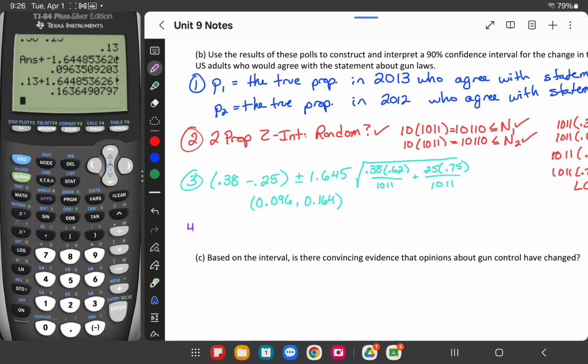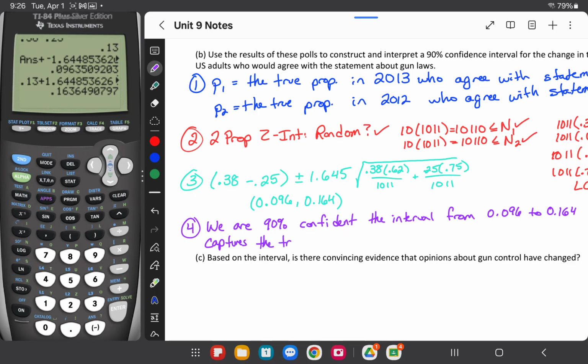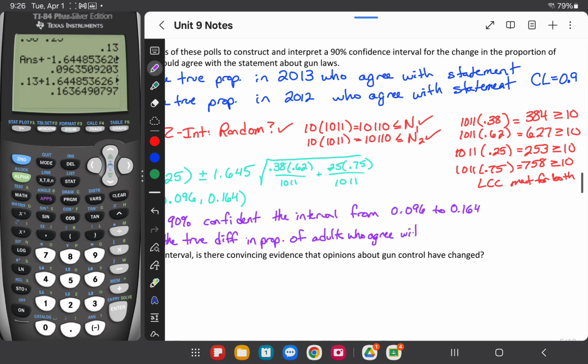So last in step 4, let's go ahead and interpret that now. So what we're going to say is that we are 90% confident that the interval from 0.096 to 0.164 captures the true difference in proportions of adults who agree with the statement going from 2013 to 2012.